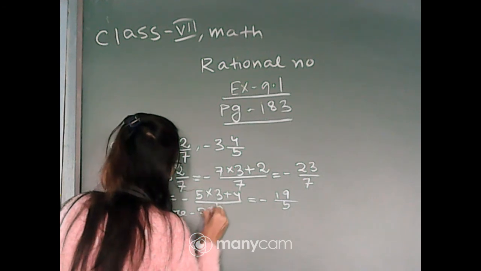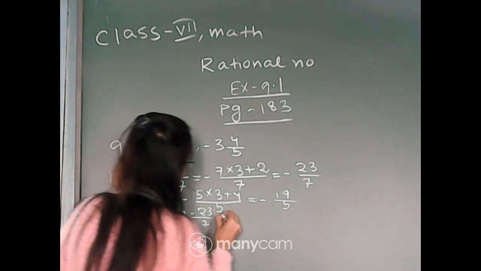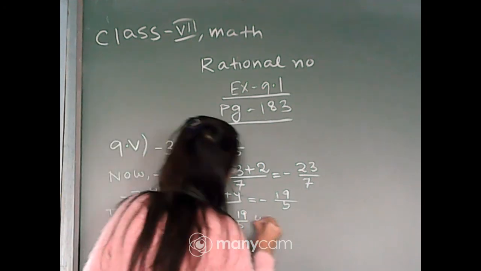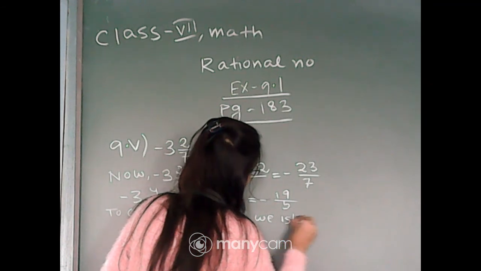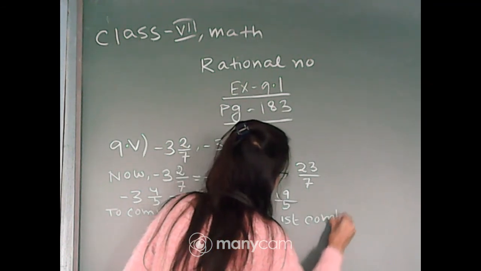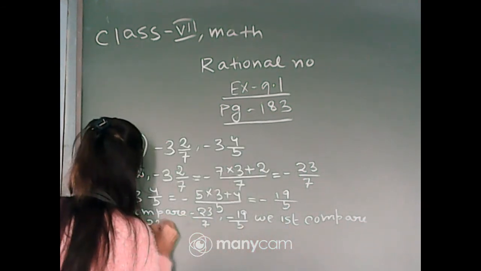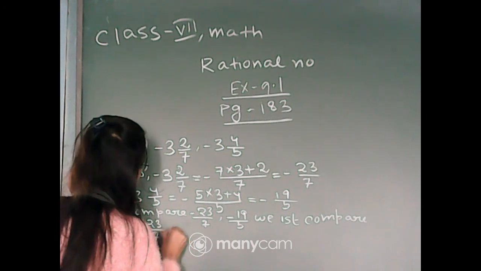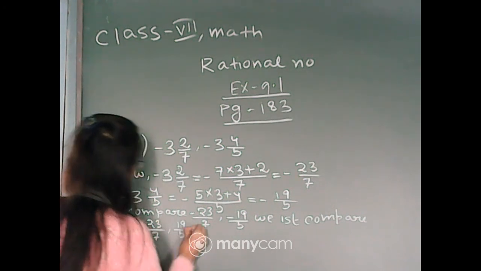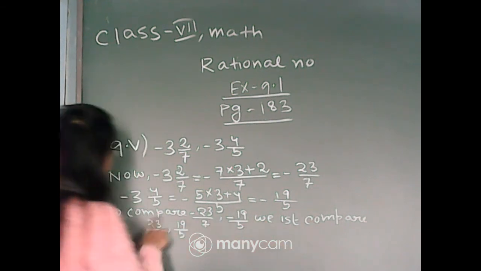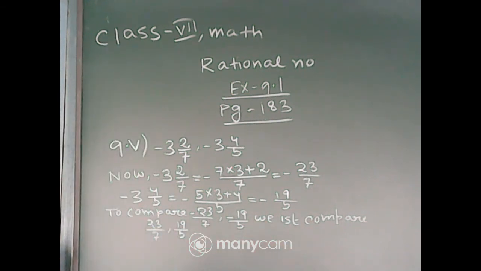minus 23 divided by 7 and minus 19 divided by 5, we first compare the fractions 23 divided by 7 and 19 divided by 5.